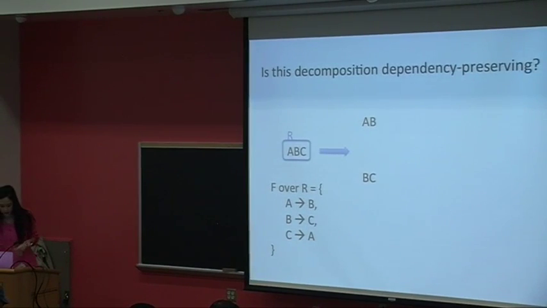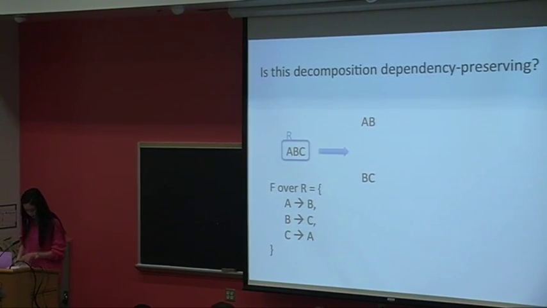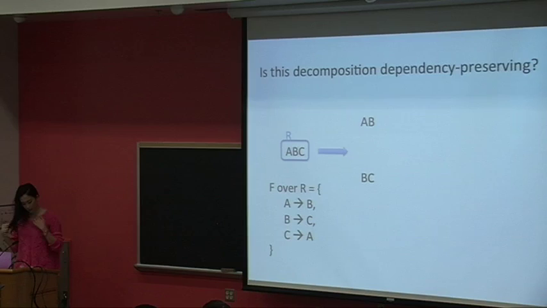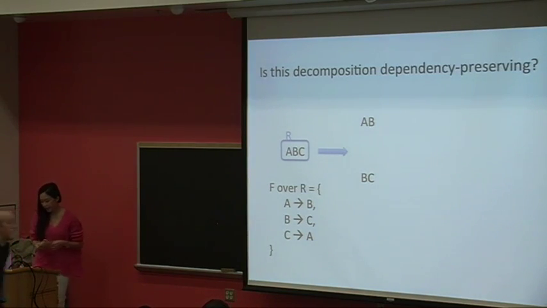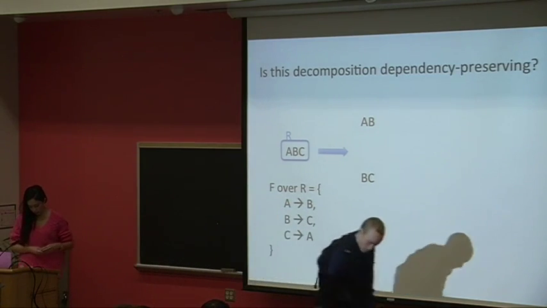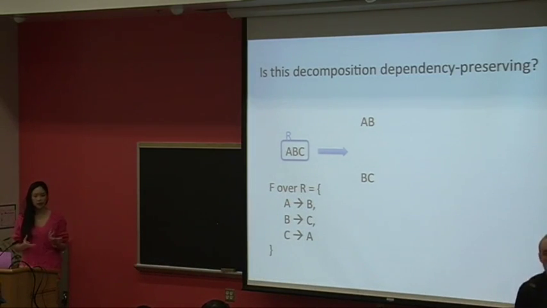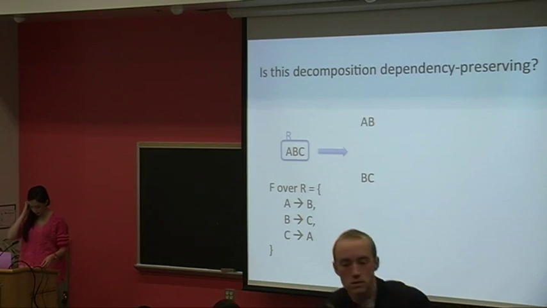Okay, so that's how you would check, when you are given an example, whether it is dependency preserved. Okay, so until now we have learned 2 types of decomposition way of checking whether the decomposition is good.